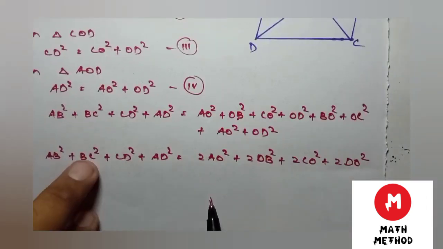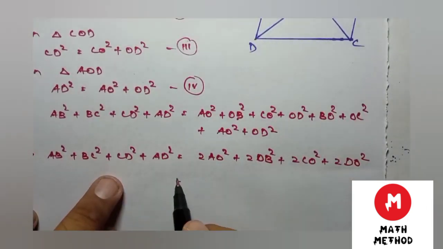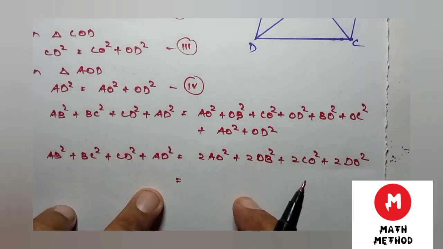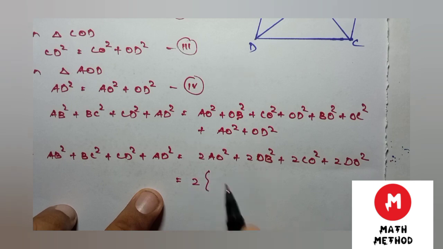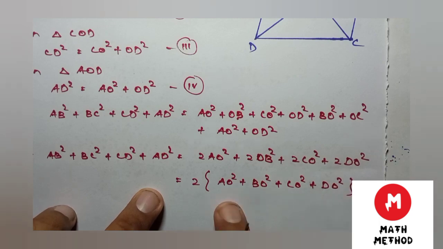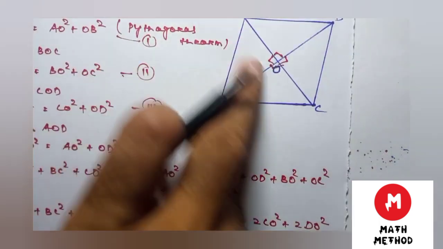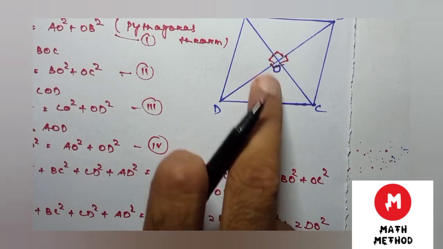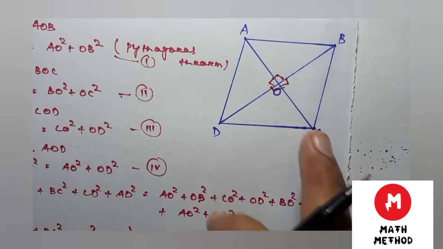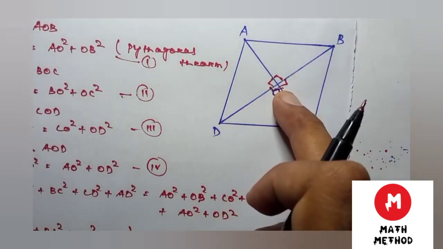So this is equal to, if we take 2 common, 2 into AO square plus BO square plus CO square plus DO square. We know that the diagonals intersect with each other and also bisect each other. So here AO is equal to OC and BO is equal to OD.